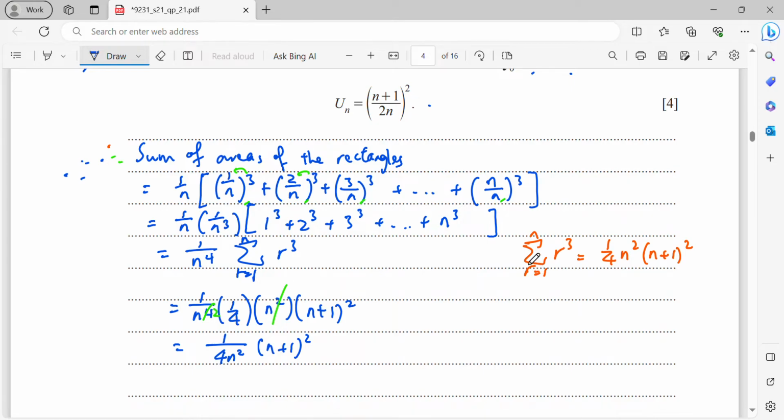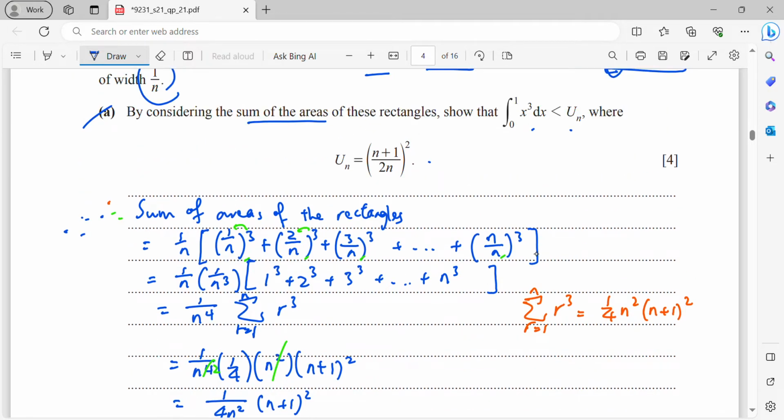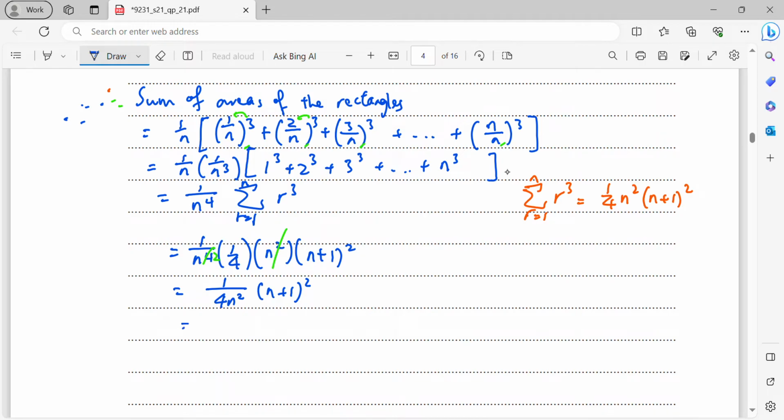But then when we look at the answer here, it's less than the Un. Un is this, which is our sum of the areas of rectangles. So I need to take out the square. So which means this is 1 over 2n squared, then n plus 1 squared, which is also n plus 1 over 2n squared.